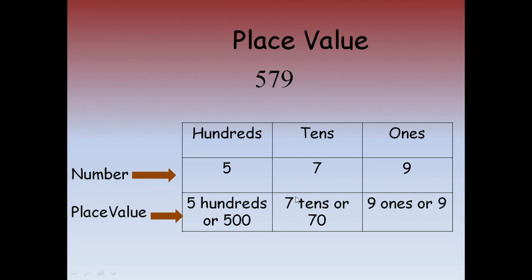As the number 7 is written in the tens column, it means there are 7 tens and its place value is 70. And as the number 9 is written in the ones column, it means there are 9 ones and its place value is 9.